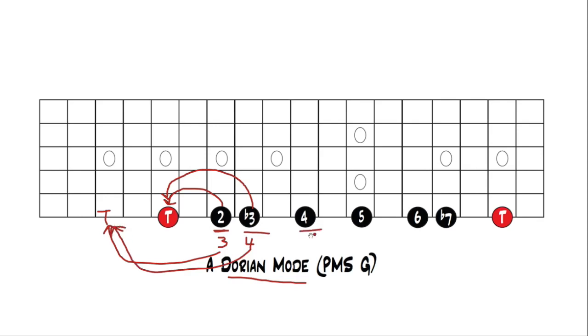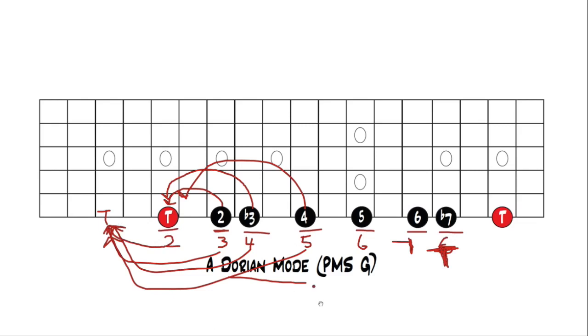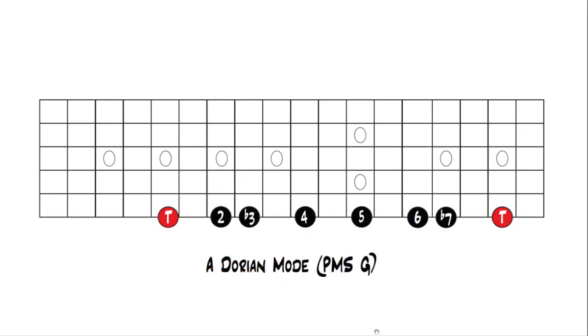The fourth note is now a perfect fourth instead of a perfect fifth compared to the major scale. The fifth note is now a perfect fifth instead of a major sixth compared to the major scale. The sixth note is now a major sixth instead of a major seventh compared to the major scale. And the seventh note is now a minor seventh instead of what was the original tonic. And my new tonic was the major second compared to the original tonic of the major scale. So hopefully you can see that's what's happening with the mode.